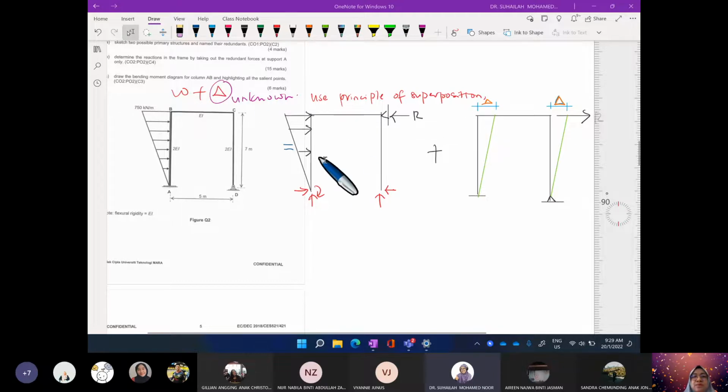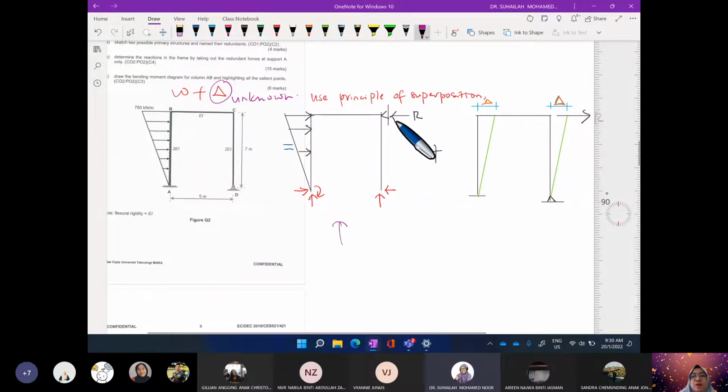Okay, so diagram number one, this is the frame with only W, because we have made this a properly restrained frame.